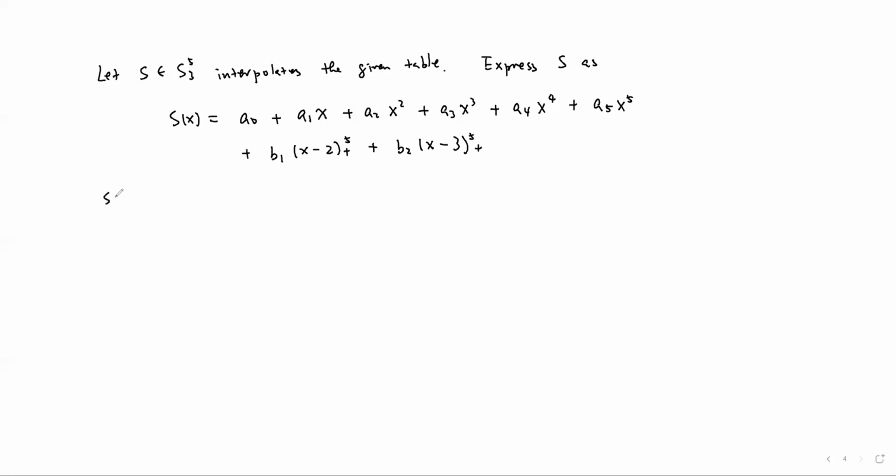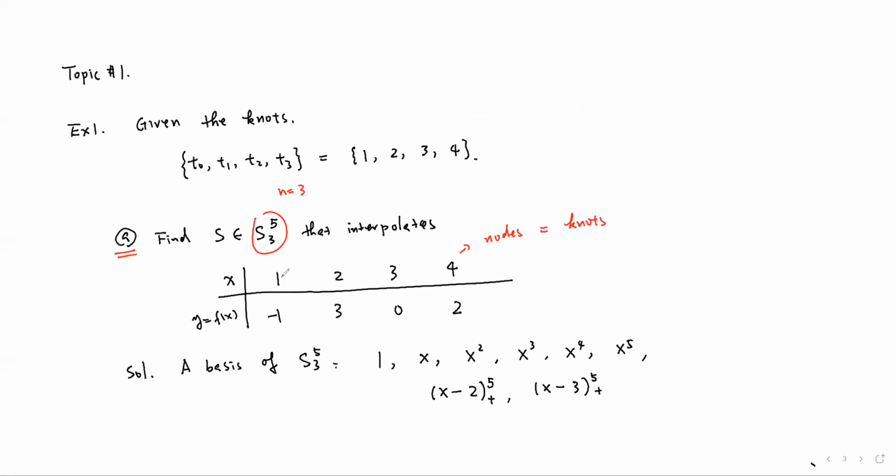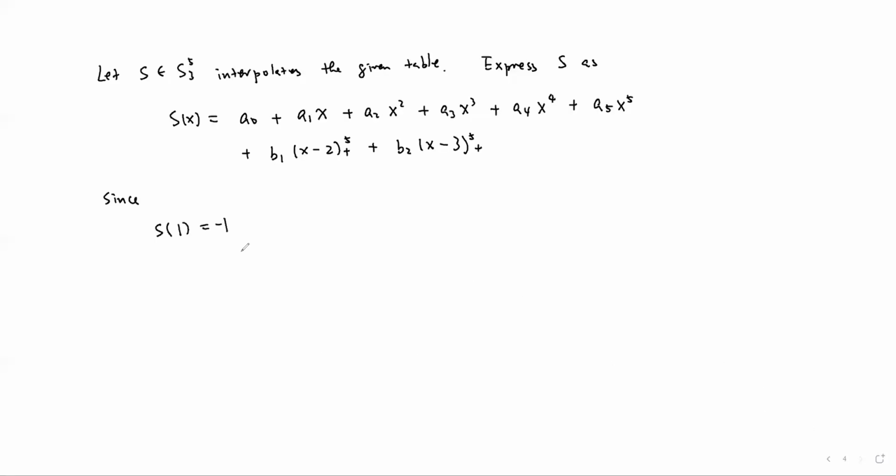Since I assume S interpolates the given table, the value of S at 1 is negative 1. At 2, it is 3. At 3, S is 0. At 4, S is 2.